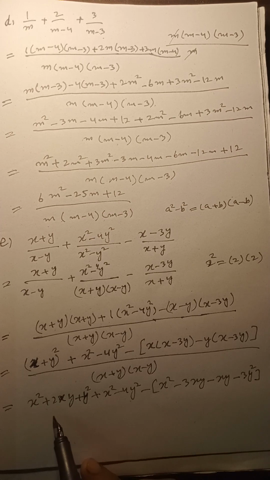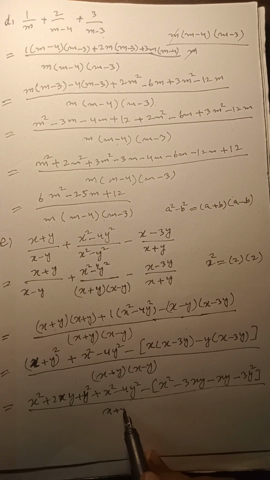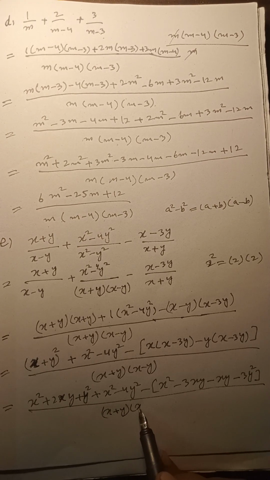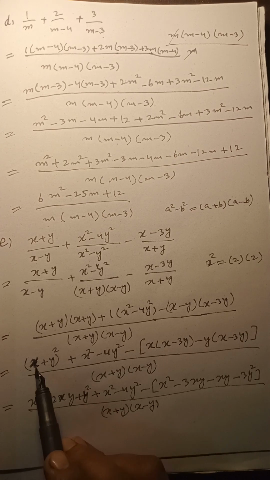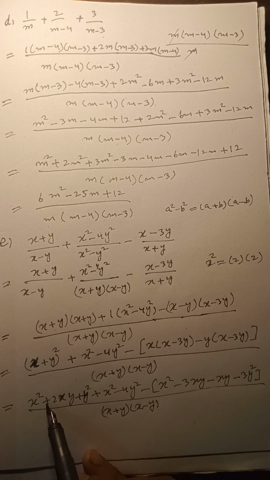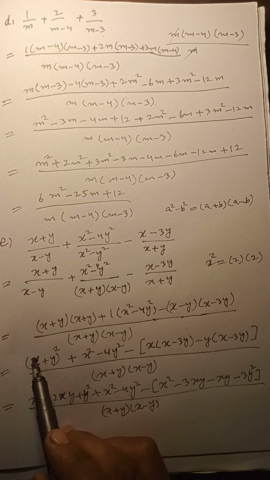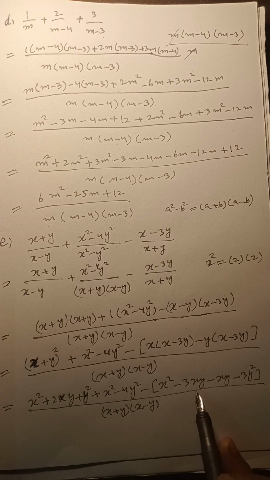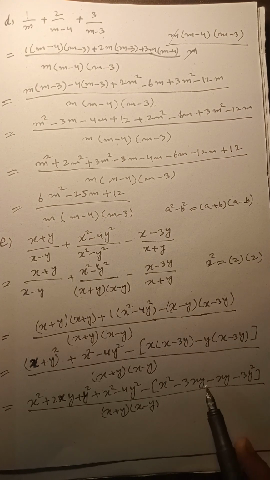The bracket is closed, and in the denominator you will write x plus y and x minus y. You know that a plus b whole square is equal to a square plus 2ab plus b square. I have applied the identity here, and in this way I have solved it directly. And here it was impossible to apply any identity, therefore I multiplied it simply.